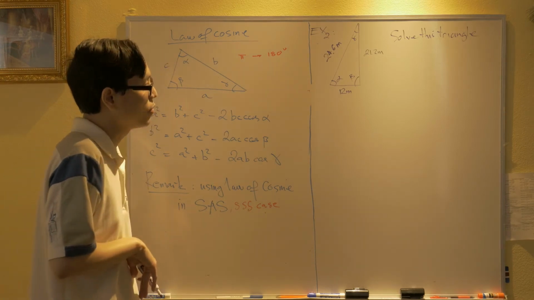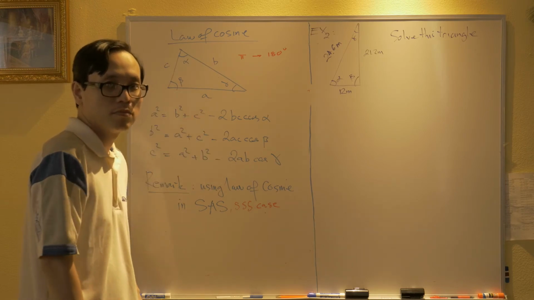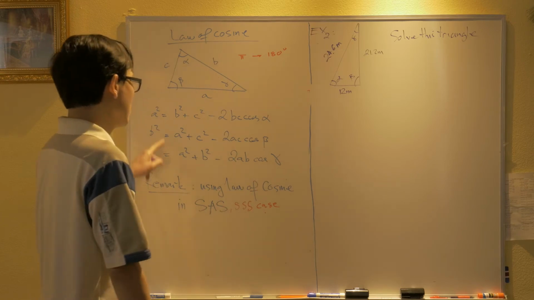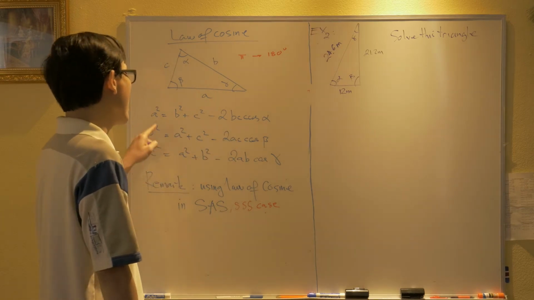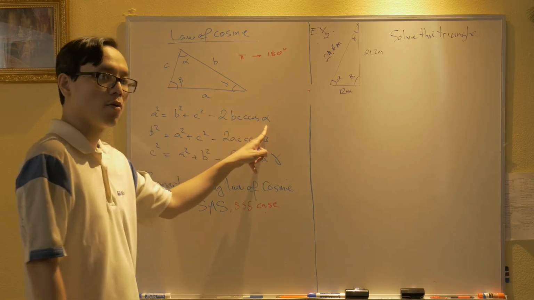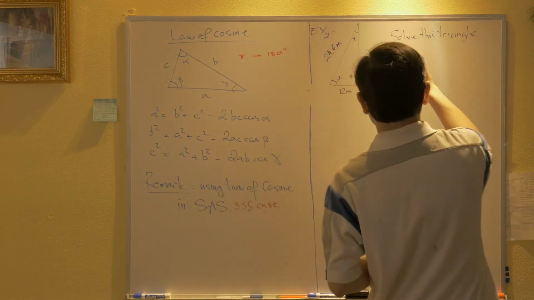No, of course not, right? Because in order to use the law of sines, we have to know an angle. Over here, we don't know any angle. So we have to use the law of cosines, because with the law of cosines, we can find one of the angles.